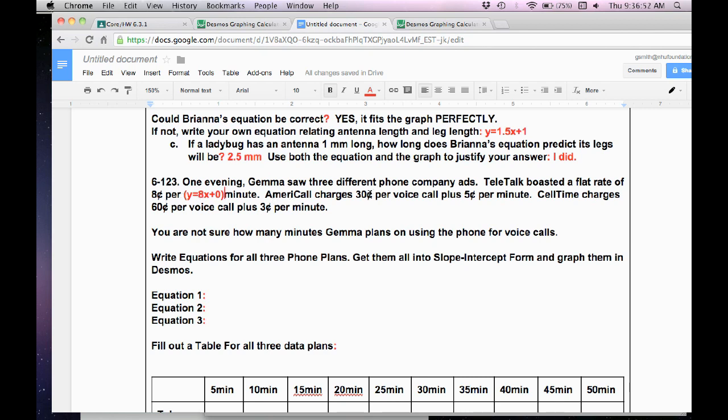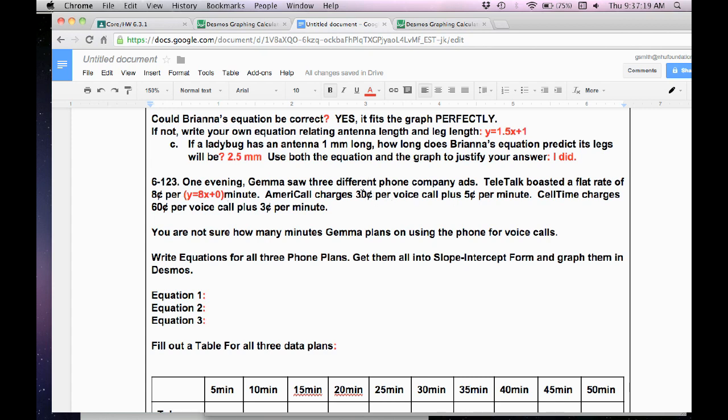Americall charges 30 cents per. Okay, so that per again tells me that this is a slope, I think, plus 5 per minute. Uh-oh, that's a little rough. But let's try this out. That 5 per minute is talking about minutes, so this is the slope, and this per is a red herring.